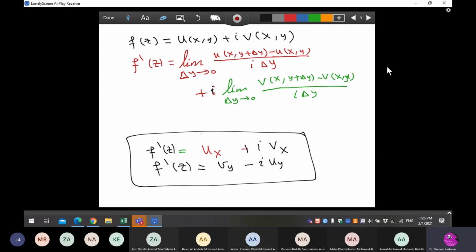So what if I have only one part? Yes, don't forget the Cauchy-Riemann equations. What does Cauchy-Riemann say? It says ux equals vy, right? And uy equals minus vx. So yes, I can replace vx by minus uy. Catch it?